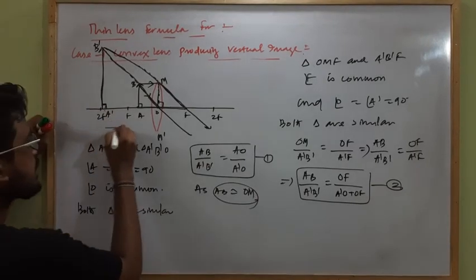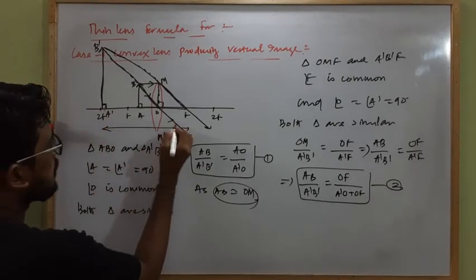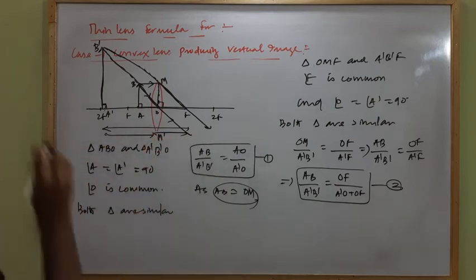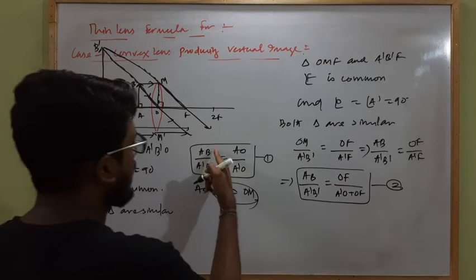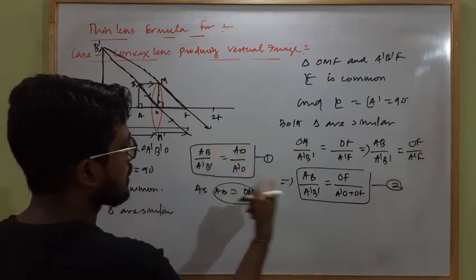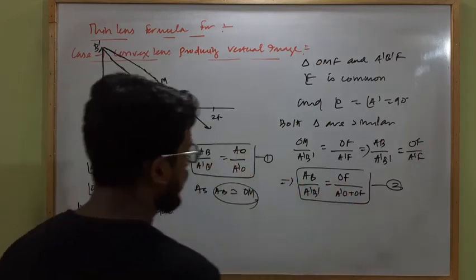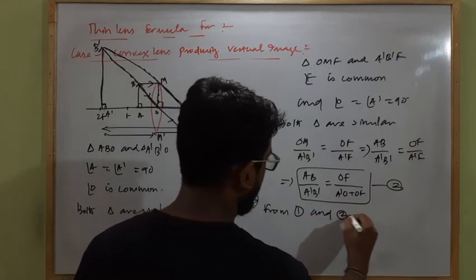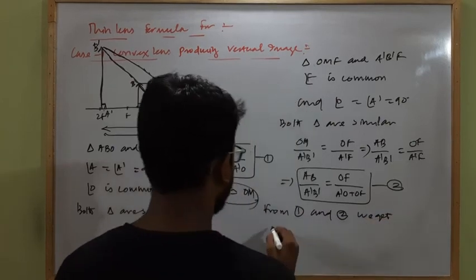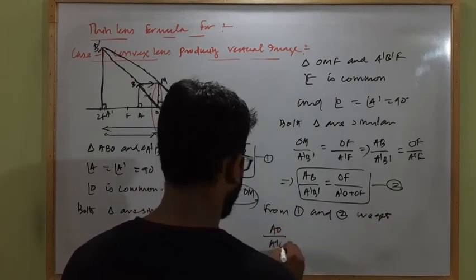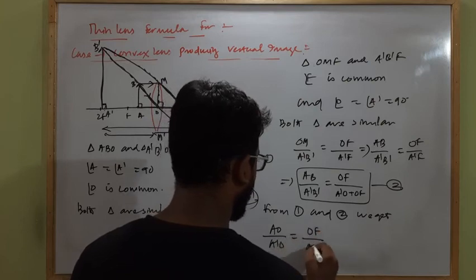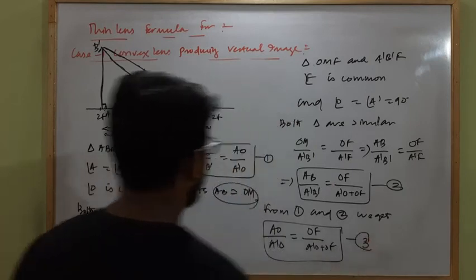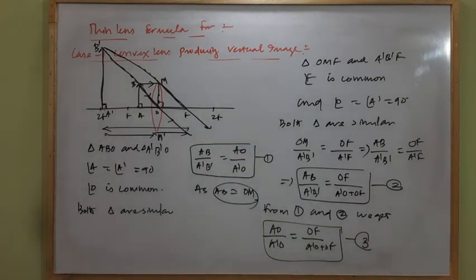Now from equations 1 and 2 we get AB by A'B' equal to AO by A'O and AB by A'B' equal to OF by A'O plus OF. So from 1 and 2 we get AO by A'O equal to OF by A'O plus OF. Equation 3. Now what is AO, OF, A'F?